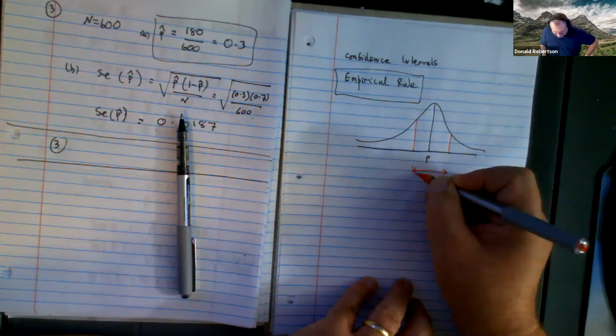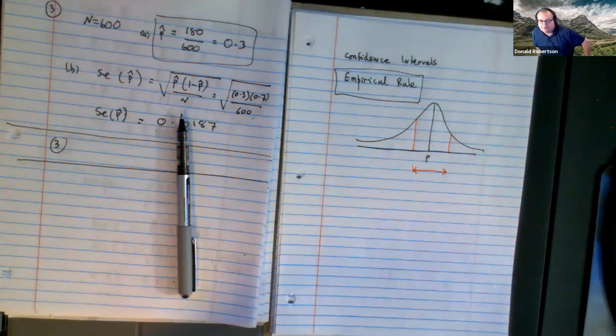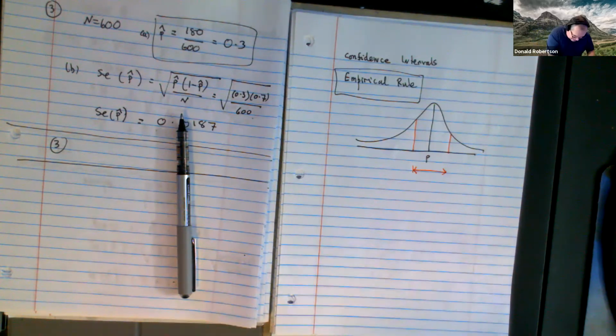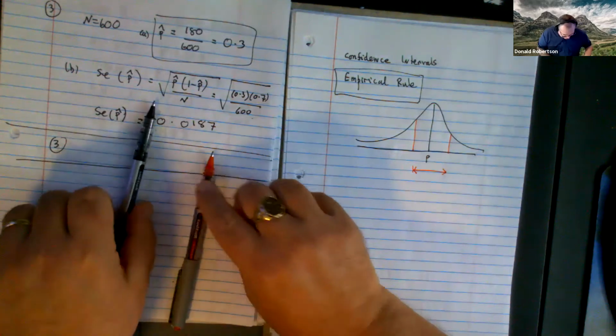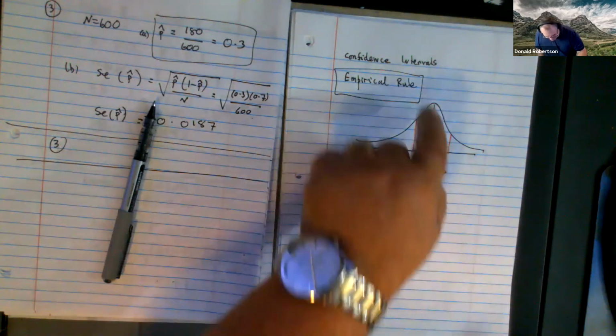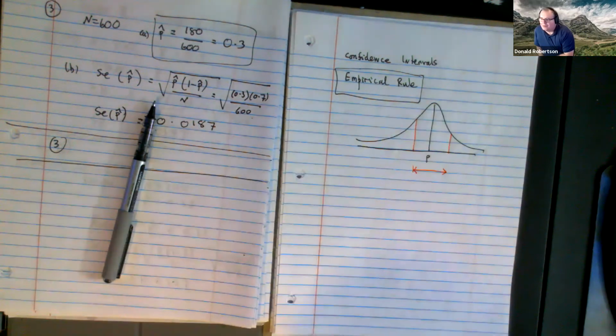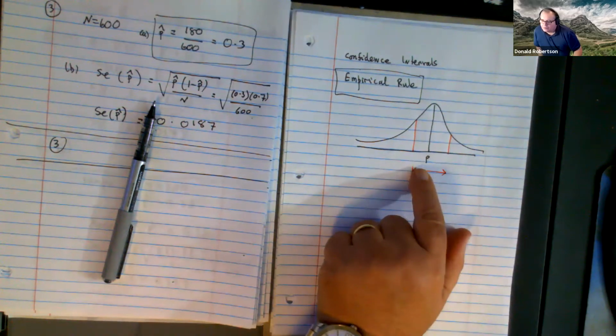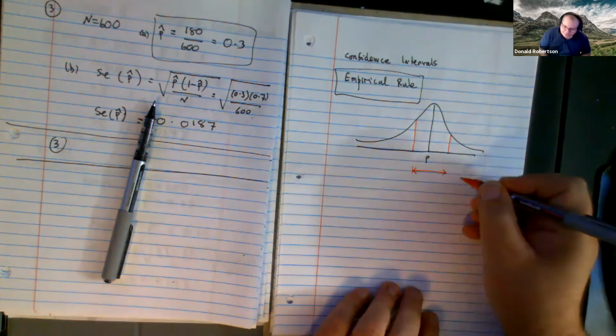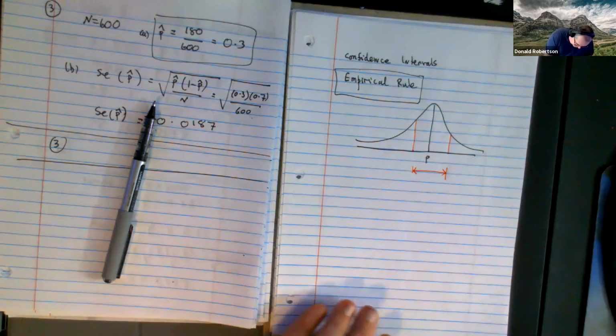Can anybody remember what percentage of your data is going to be within 1 standard deviation of your mean? That's called the empirical rule. I much prefer the other name, but I don't want to give you the other name because it gives you the answer. I'll put the other name down in a minute. 1 standard deviation away from the mean. What percentage? 68. Of the data? It's a 68.